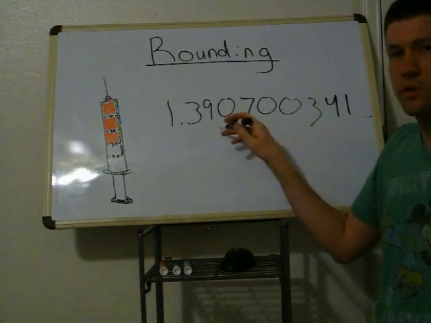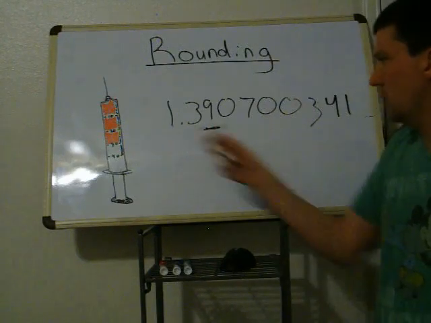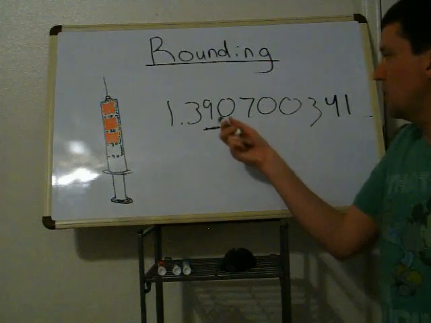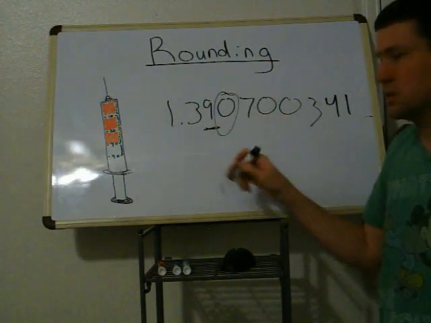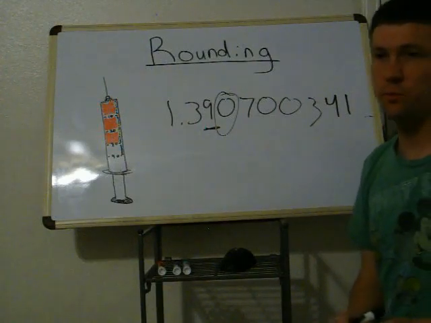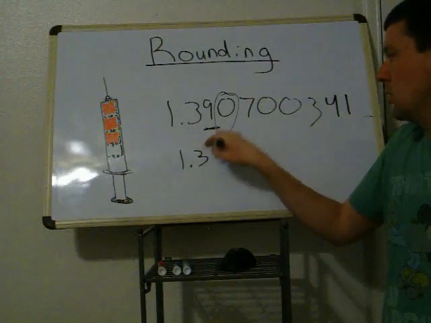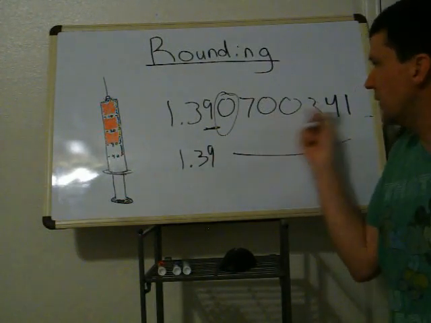And let's just say we want to round to the nearest hundredths place again. Okay? So since we're rounding to the nearest hundredths place, we just look at the number to the right of it, which is this 0. And 0 doesn't round up, so our new number would be 1.39. And we can just ignore the rest of it.